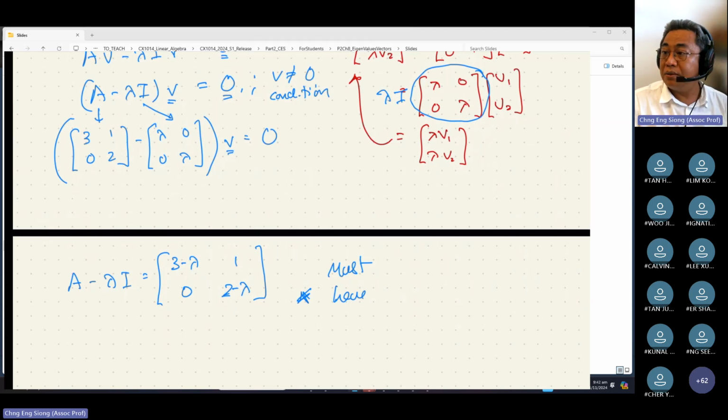Can you all fill in the blanks, please? Zero determinant. Yes. Must have dependent columns.